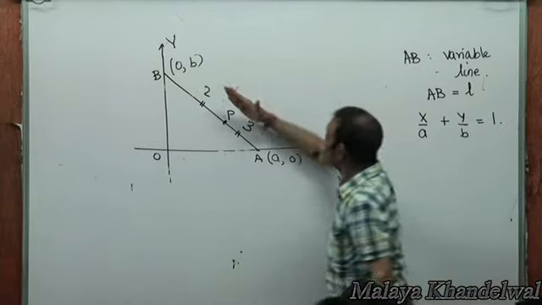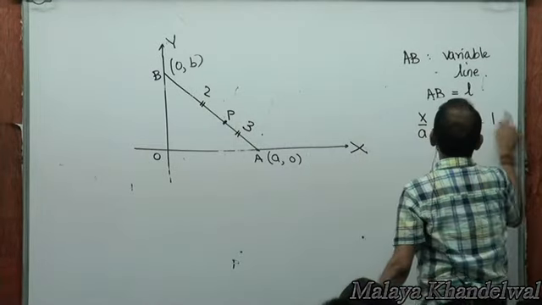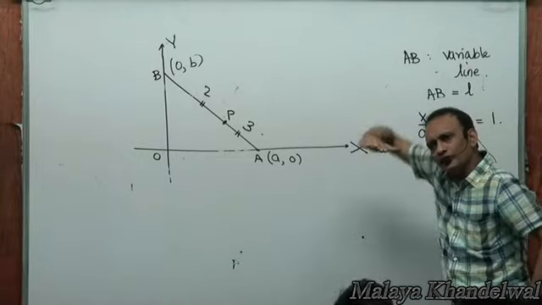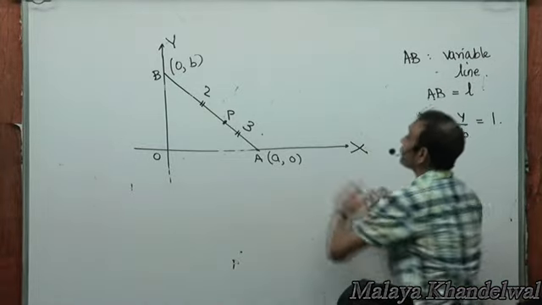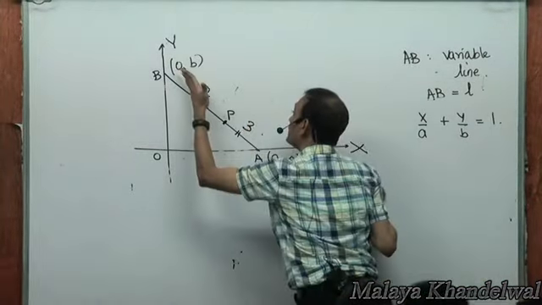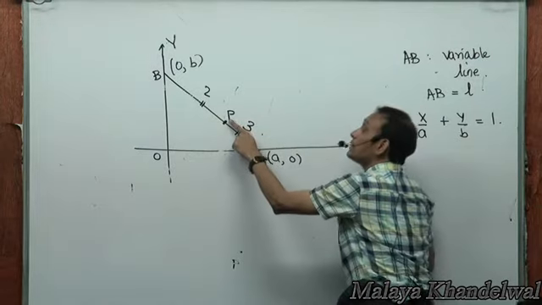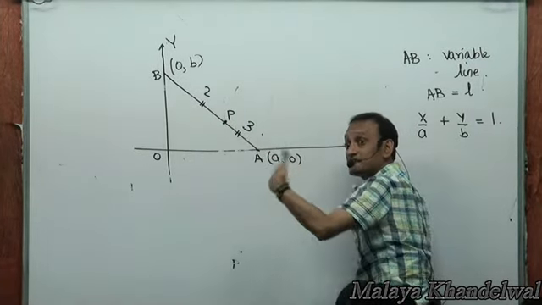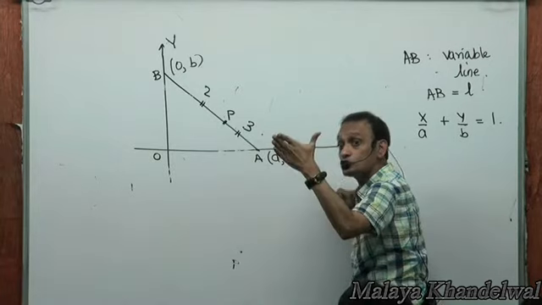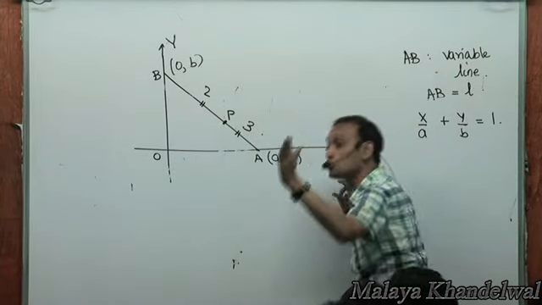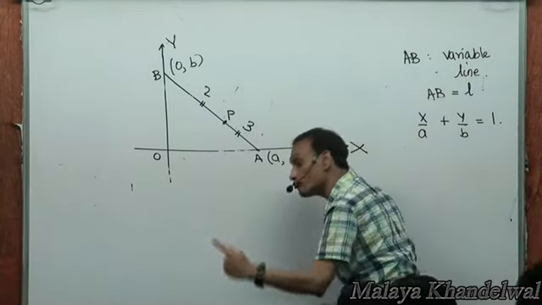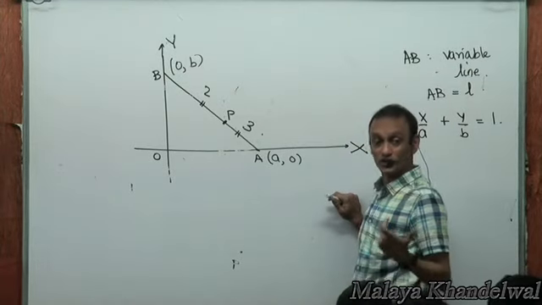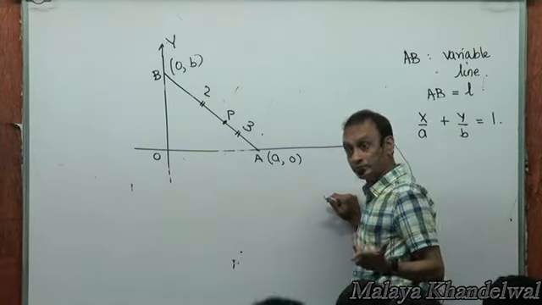Now, for different values of a and b, I can have different positions and orientations of this line, which means different positions of P. P will then have different coordinates, x and y, right? There is a path associated with P, there is a locus associated with P. I want to find the equation of the locus of P.